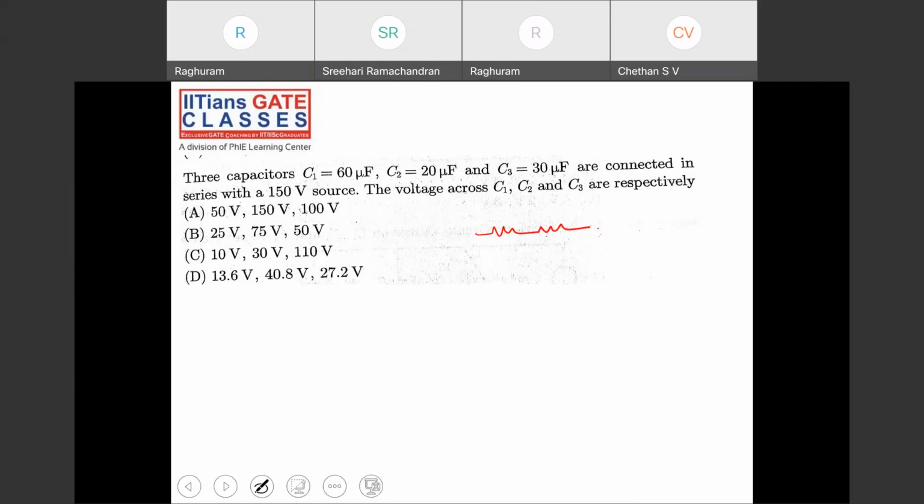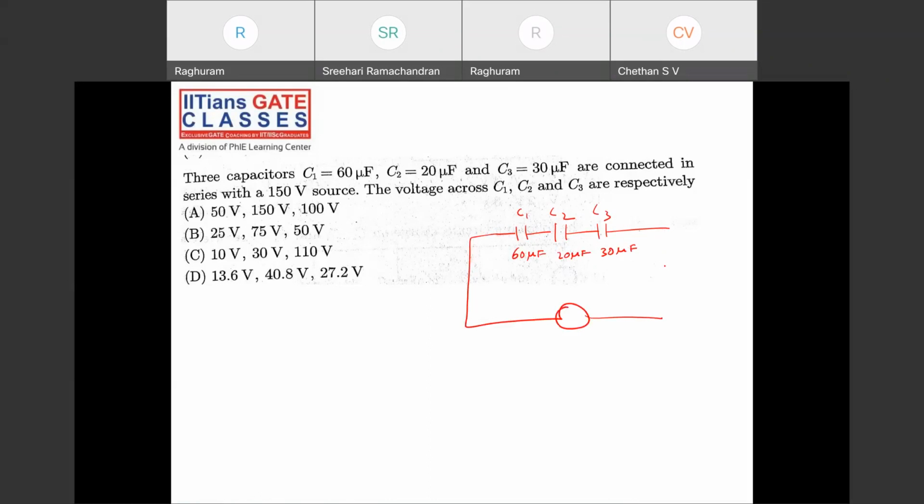Sorry, not resistors. C1, C2, and C3 in series are 60 microfarads, 20 microfarads, and 30 microfarads, connected in series to a 150 volt source. So what is the voltage across these three?